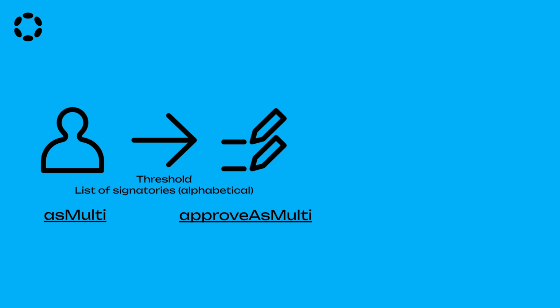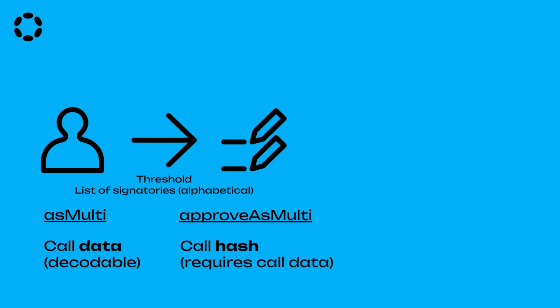But here's the difference. asMulti requires the user to submit the call data, which is the decodable data that reveals the desired transaction. Approve asMulti only requires a user to submit the call hash, which is the one-way encryption of the call data. A call hash can only be derived by knowing the call data first.